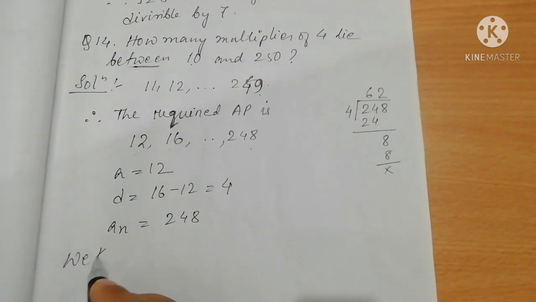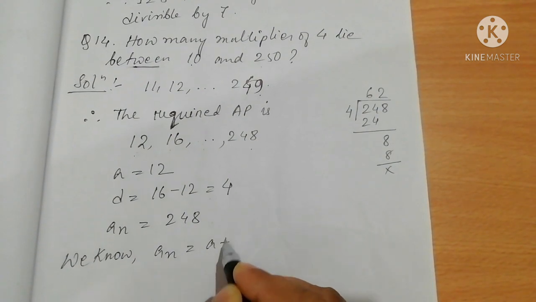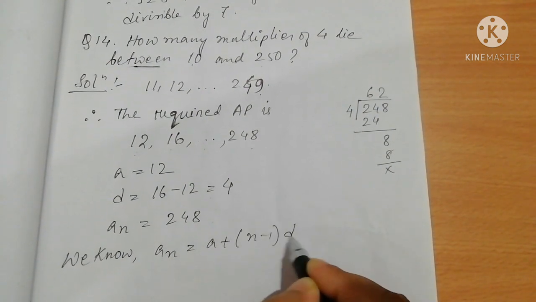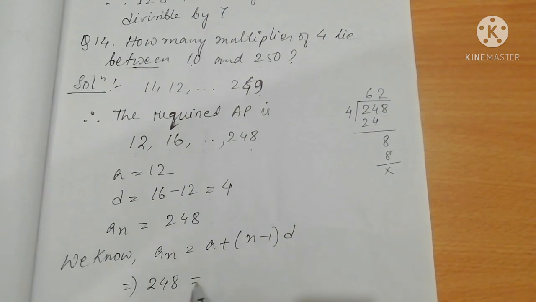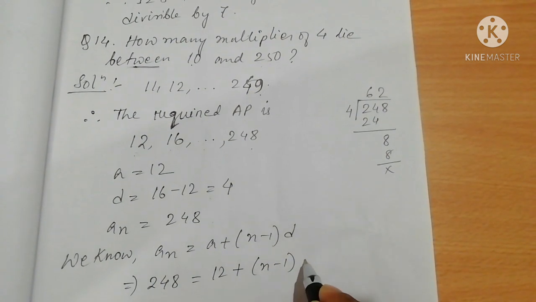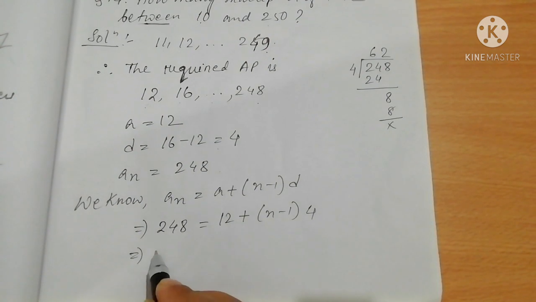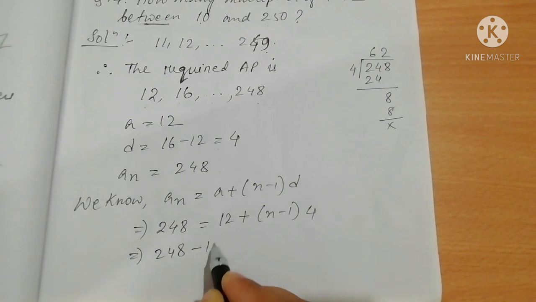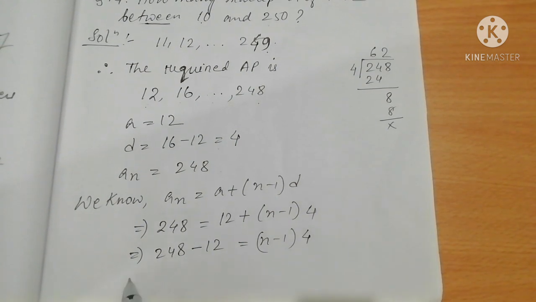So we know that An equals A plus n minus 1 into D. So 248 equals A, which is 12, plus n minus 1, D is 4. And 248 minus 12 is equal to n minus 1 into 4.